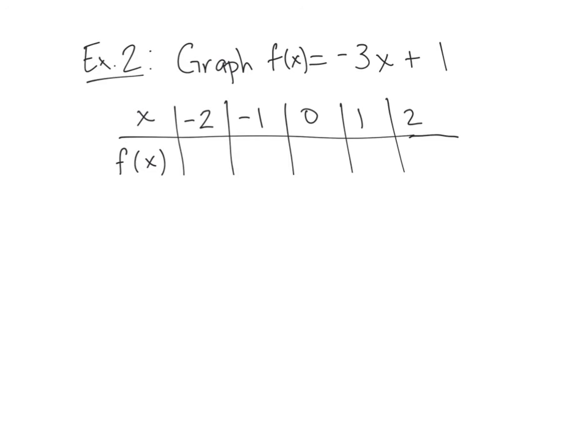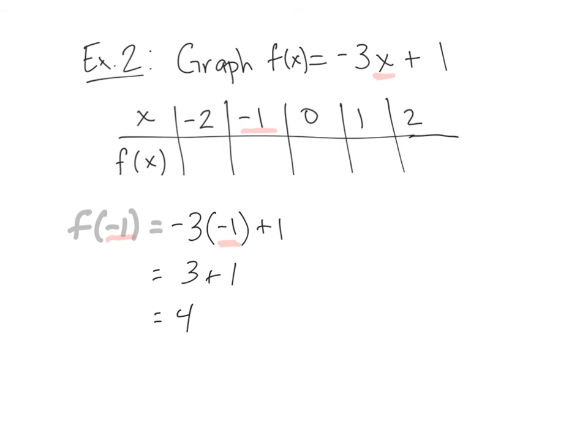So if I have an input value of -1 and I plug it in for x, just a reminder of how to do that, we're going to have f of -1 equals -3 times -1 plus 1. -3 times -1 is a +3. And 3 plus 1 makes 4. So when I input a -1, it's going to output a 4 as my output value.